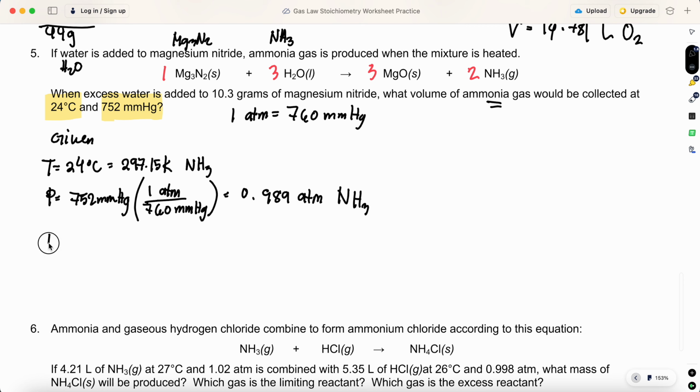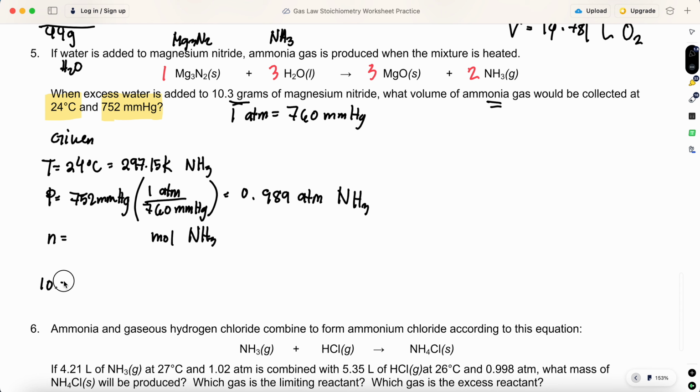So what we should do is find the mole of NH3, so we can use PV equals nRT, the ideal gas equation, later. So how do we find the mole? We use the grams and use stoichiometry.